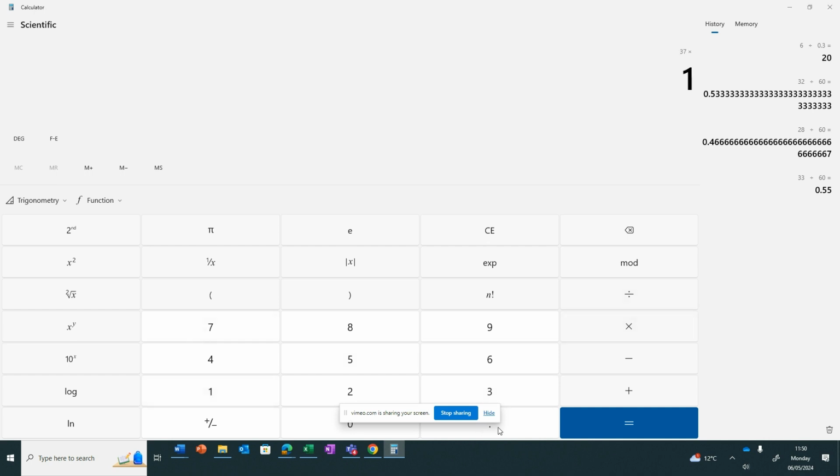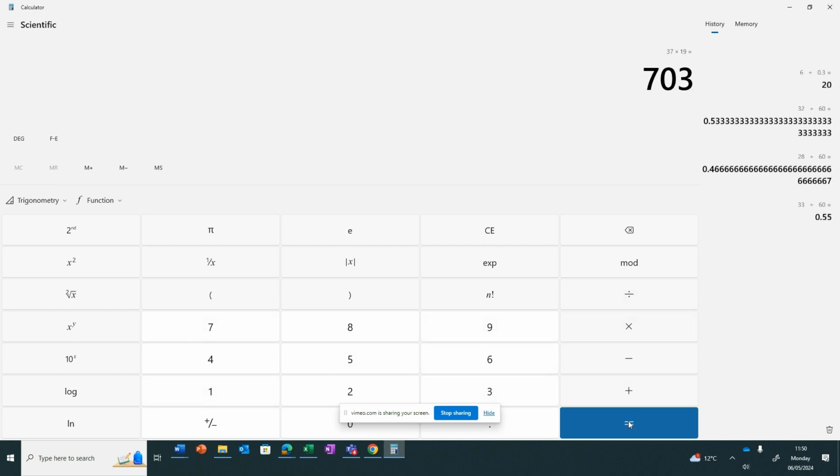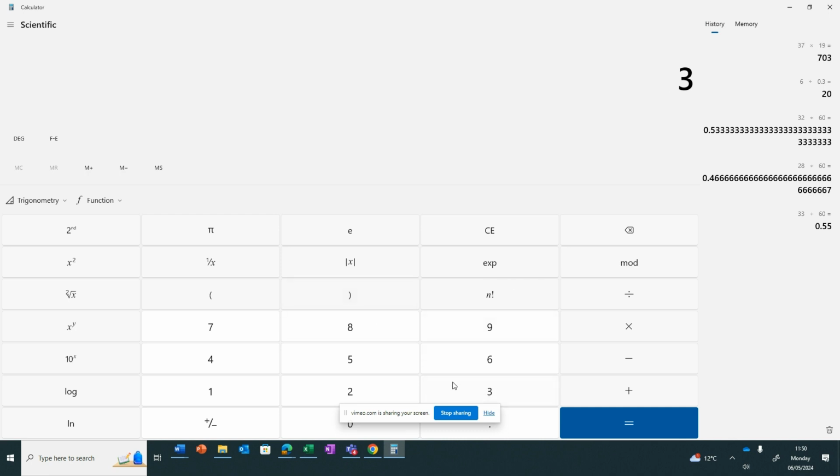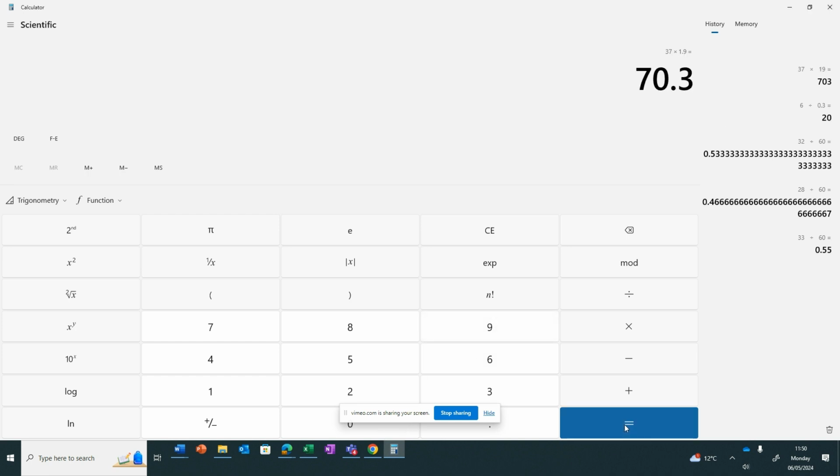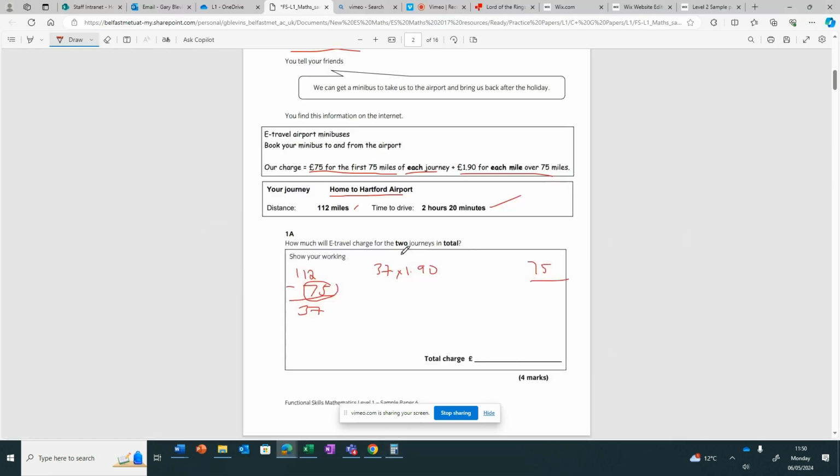Equals £70.30. So they're going to charge you an extra £70.30. That's £75 for the first 75 miles, and then for the extra 37 miles, £70.30. So we'll add these two up to get the total cost.